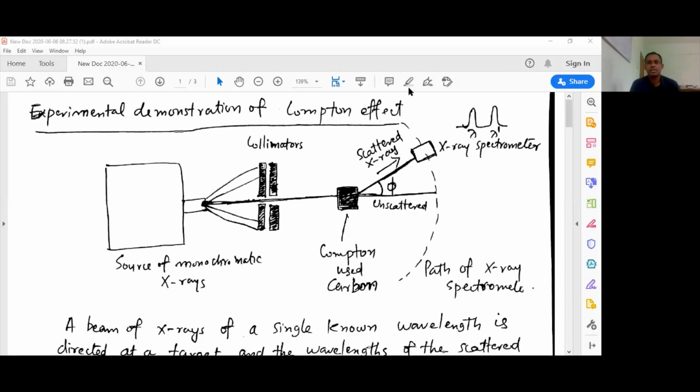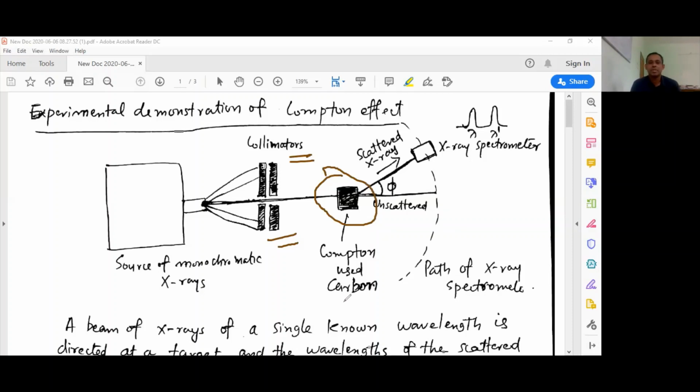These collimators are actually lead blocks, so they allow only a beam to pass through, and that falls on a target. So this is the target, and the X-ray beam passes through it.